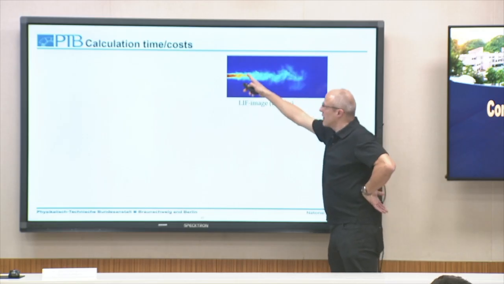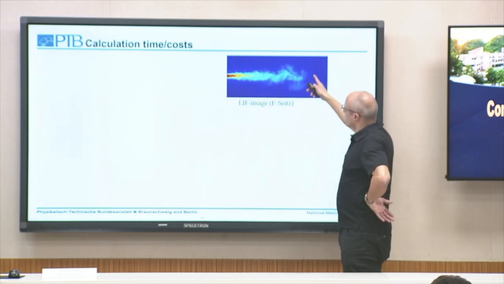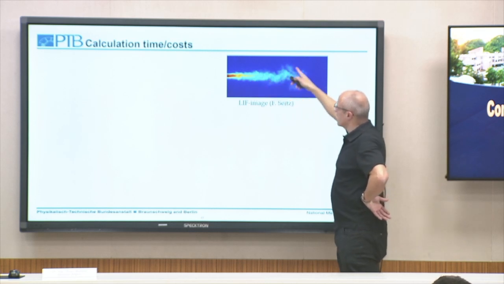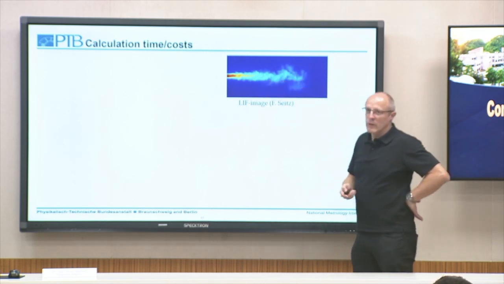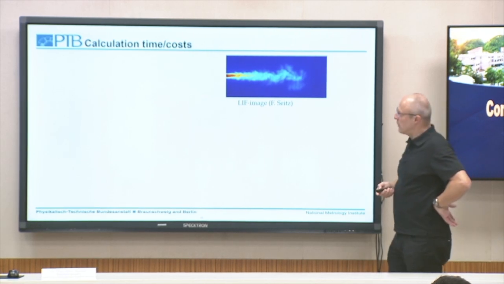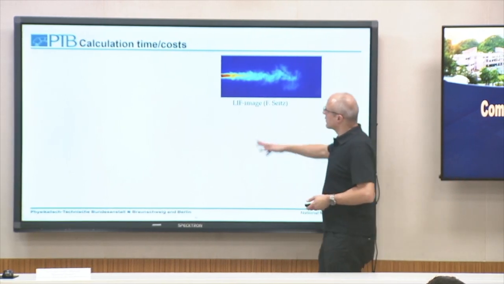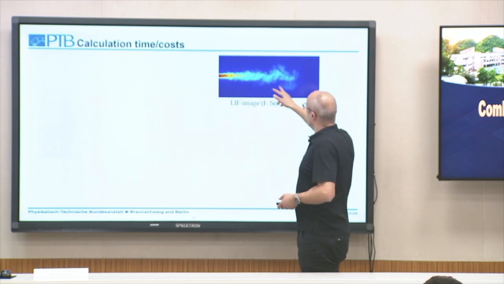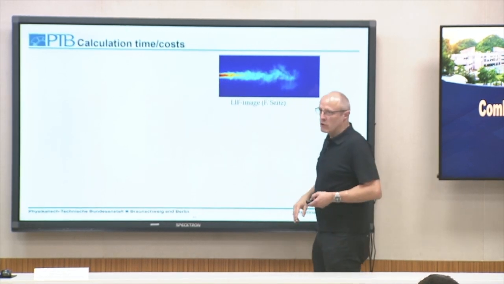So if we look at such a LIF image of OH radicals in this ignition event having a turbulent hot flow. So here the hot gas flows out and then the ignition takes place in this volume.